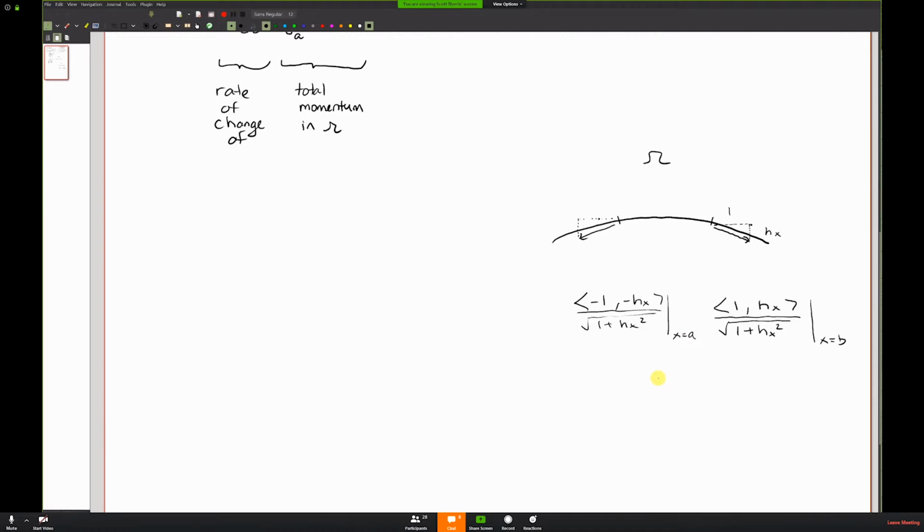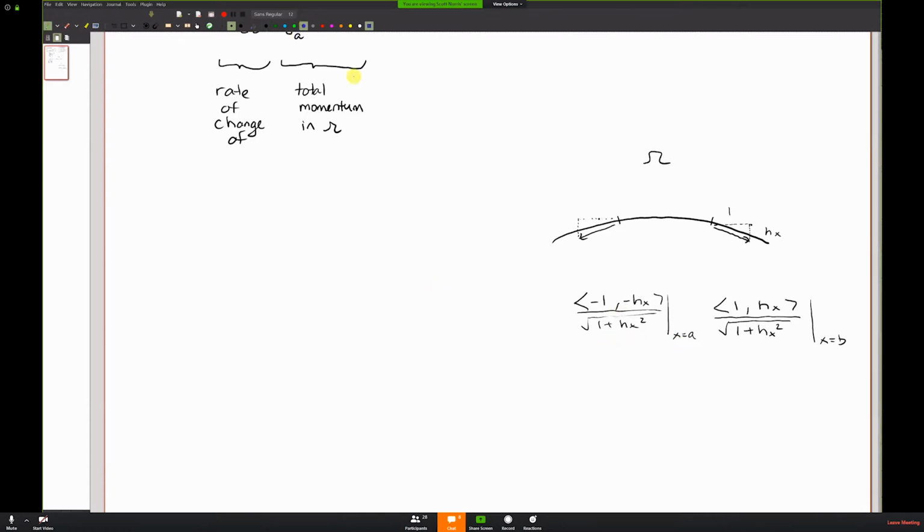Now, the other thing I want to help us remember is one of our assumptions: that the slope is not very big, right? It's much smaller than 1. The string is not wildly oscillating. And so in this denominator, h_x squared is much, much less than 1, and we'll neglect this term, in which case the denominator just becomes 1.